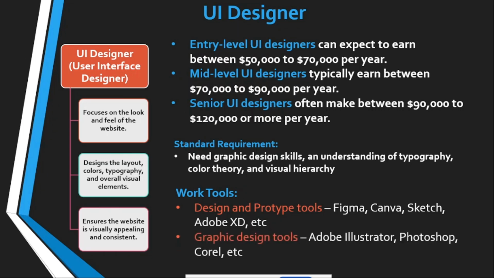They also have graphic design tools like Adobe Illustrator or Photoshop that they use to design how the website should look. For architects, when they're designing how a building should look, they can use something like AutoCAD or so on. But for UI designers, you hear things like Figma, Canva, Sketch, Adobe XD, and Adobe Illustrator, and so on.